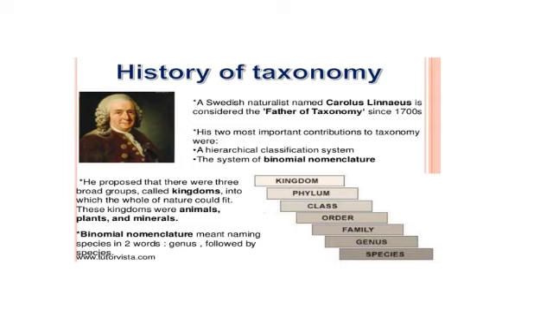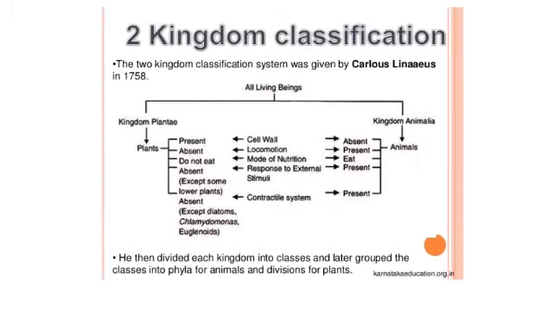There are mainly different kingdom classification systems: 2 kingdom, 3 kingdom, 5 kingdom, 6 kingdom, and finally 8 kingdom classification. The first one is the 2 kingdom classification, proposed by the father of taxonomy, Carolus Linnaeus, in 1758. He classified the kingdoms into 2: kingdom Plantae and kingdom Animalia.